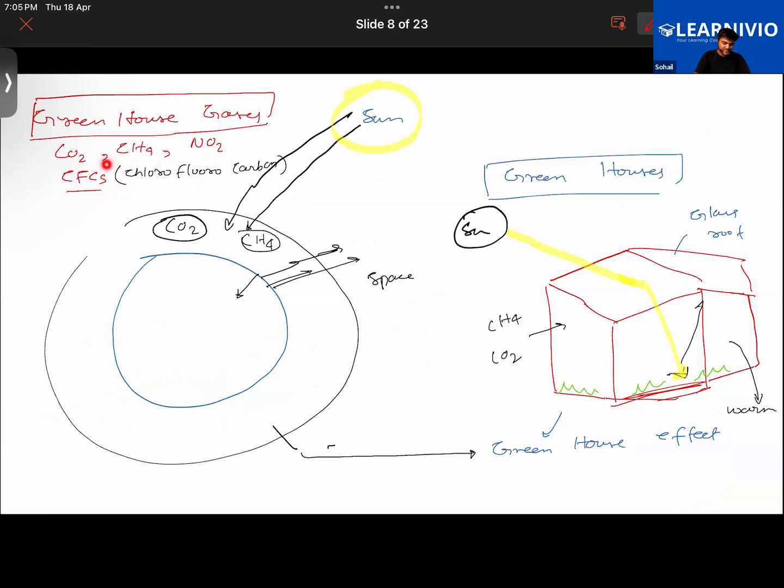CO2 is carbon dioxide, CH4 is methane, NO2 is nitrogen dioxide. Just write the formula only. You guys will also be writing the definition for greenhouse effect. But first write this.